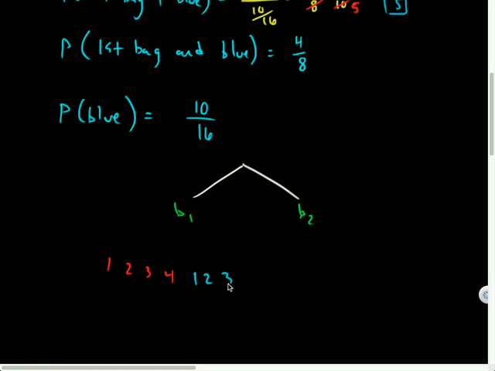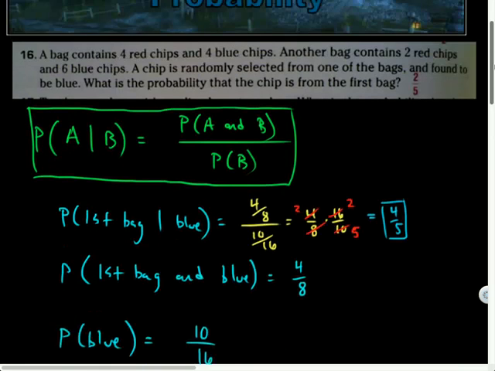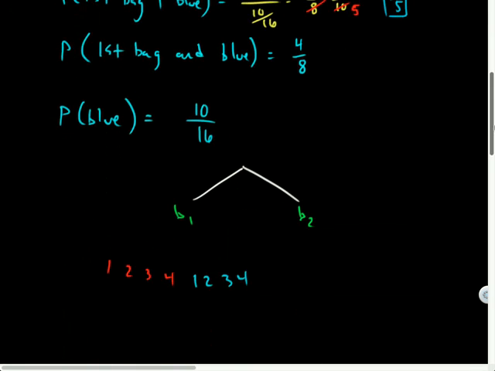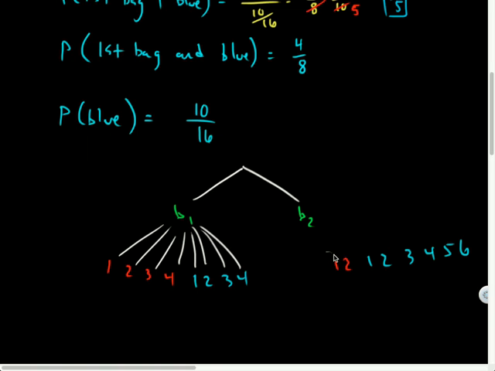In bag 2, we had 6 blue chips and only 2 red chips. So this is my tree of all possible outcomes. It's a sad-looking tree.